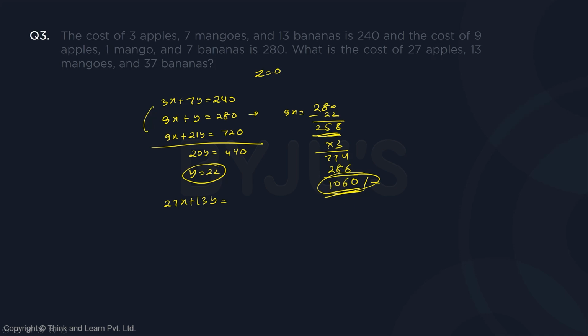Clear? That's your answer. Even if it's not a data question and one of the options is cannot be determined, you need to do it with the first approach only. If CBD is not in the options, you can straight away use this shortcut. Got it? Chaliye.